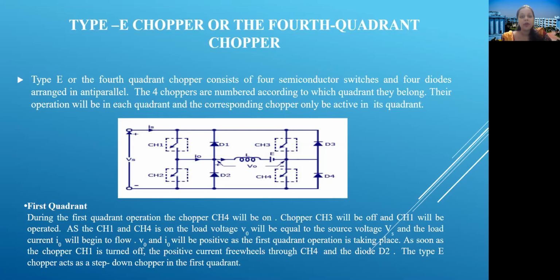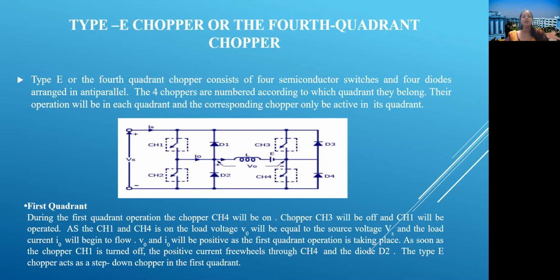Okay, so first we have first quadrant operation. In first quadrant operation, the condition is that chopper 4 must remain on, and chopper 3 and chopper 2 will be off. Here you must remember that the numbering in the circuit symbolizes the quadrant in which they operate. If we are talking about third quadrant operation, then we are considering the operation of chopper 3, and what the circuit condition will be when that chopper is kept on or off.